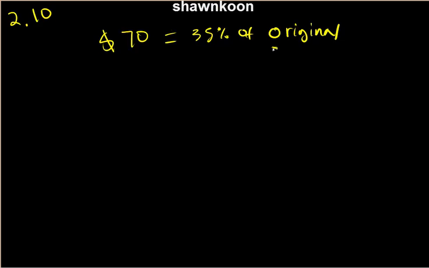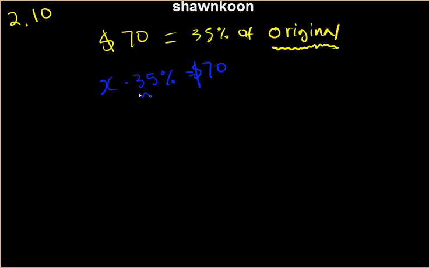So we have to figure out what the original cost was. Let's set up a formula for that. Because we don't know the original, I'll just put it as x, okay? So x is our original price, and when we multiplied by 35%, we got $70.